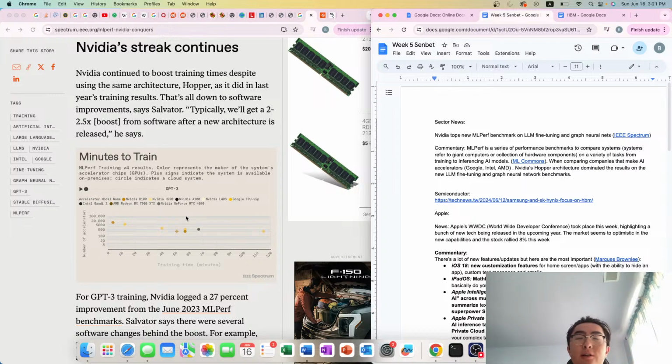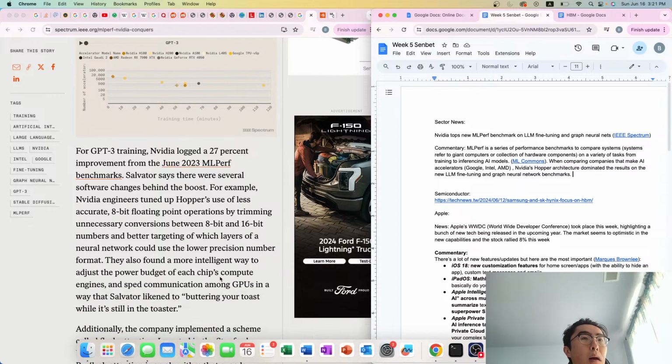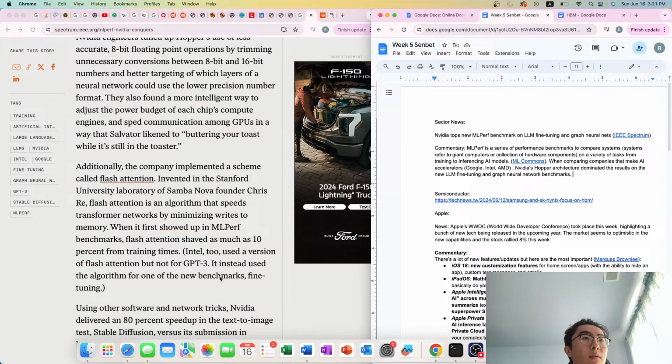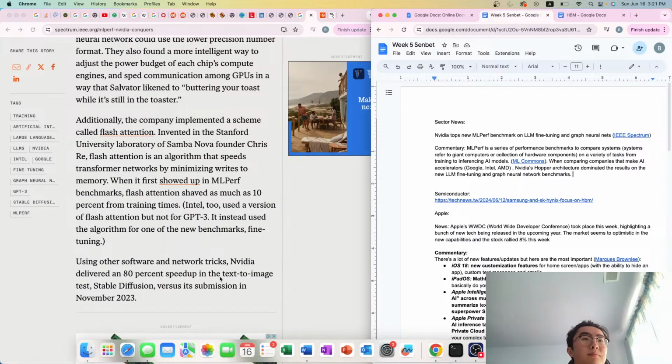So I guess accelerators are another word for GPUs. Seems like it, or maybe GPUs are used for things like gaming as well. So they're a specific type of GPU that is built specifically for AI training and inference. Interesting.